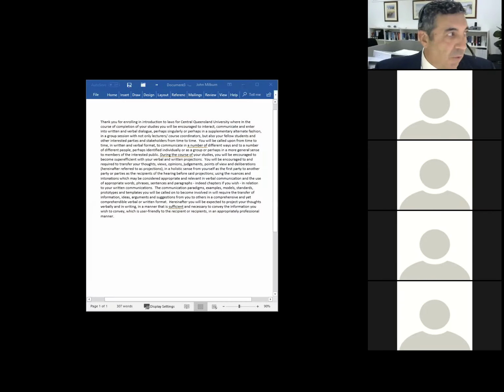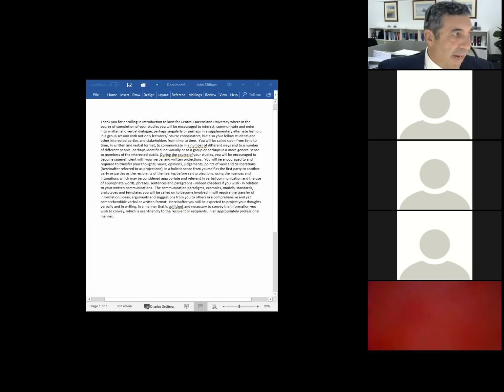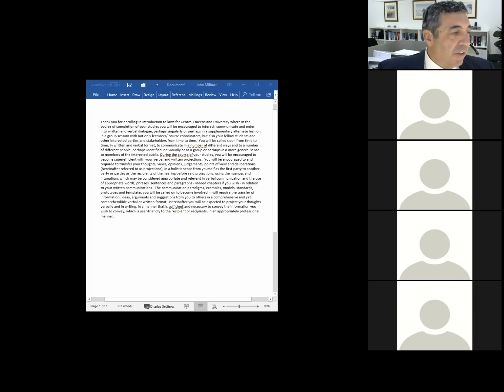So if I've selected the right one, you might now see a little blurb that I wrote intentionally badly, verbosely, about a thank you for enrolling at Central Queensland University. And if you can see that on the screen, you'll see that there are many words, the sentences are very long, and there are many unnecessary words in that.